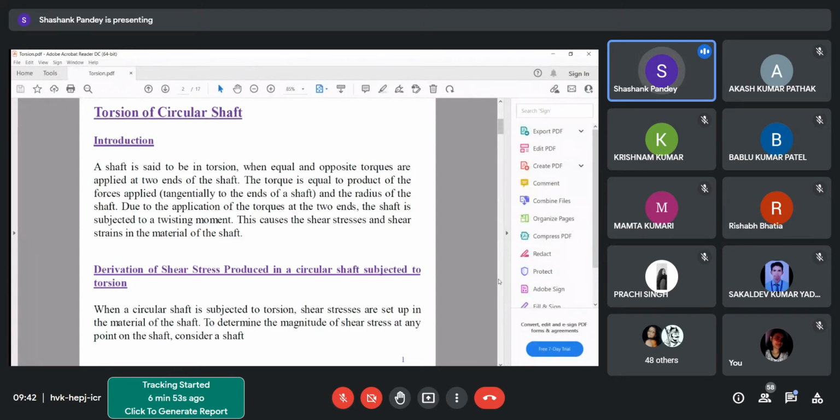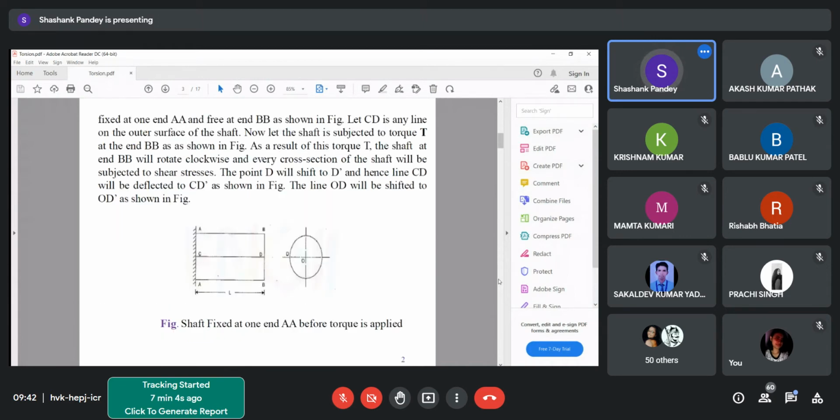When a circular shaft is subjected to torsion, shear stresses are set up in the material of the shaft. To determine the magnitude of shear stress at any point, consider a shaft. If we look from the side view, it will look like AB, and if you look from the front view, it will be a circular geometry.